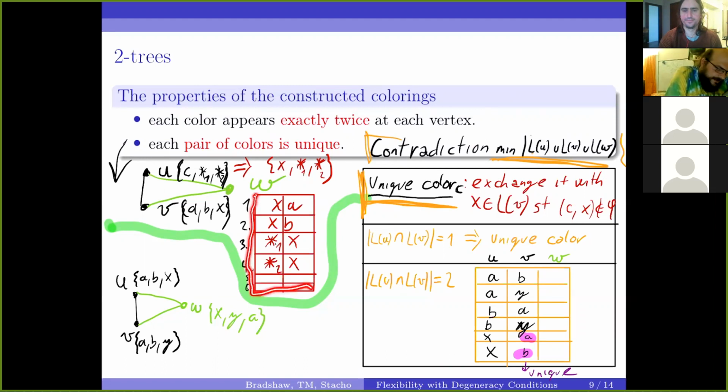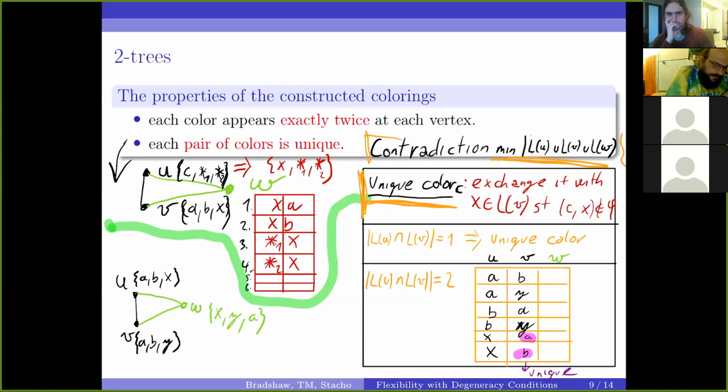And by doing so, this table justifies that we can do it, because of how the new coloring will look. So this is now X, but it was before C. So those are the two colors that were before this C, and X is the third color of the second vertex. So as X has to appear twice, it has to appear with those 2 unknown colors, *1 and *2.